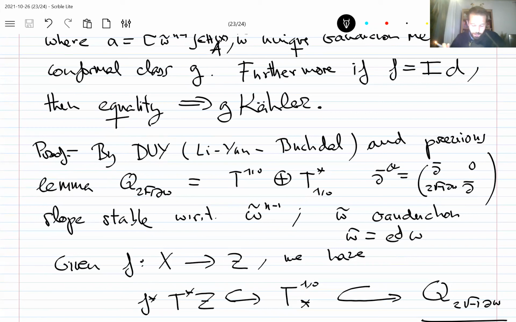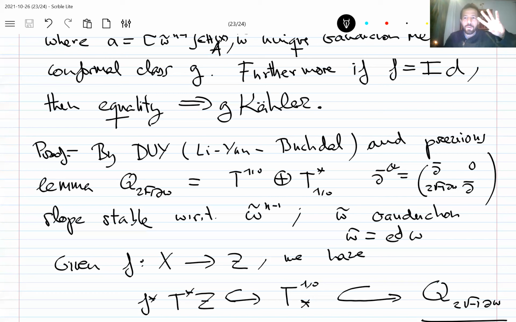Okay. So if this were Kähler, this is the old classical result. It just tells you that if you have Kähler-Einstein, the tangent bundle is stable, right? But here you have a non-Kähler manifold, and then you have something more complicated.